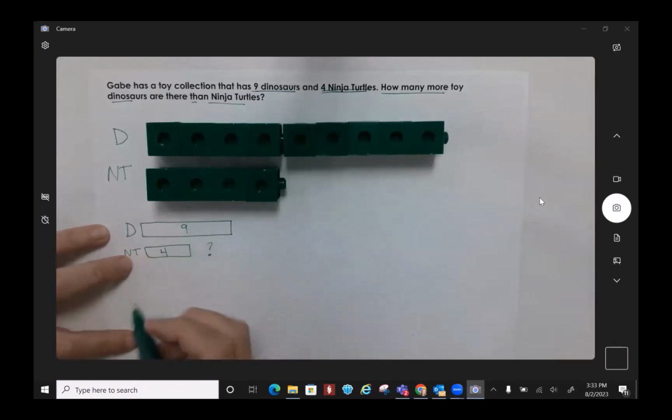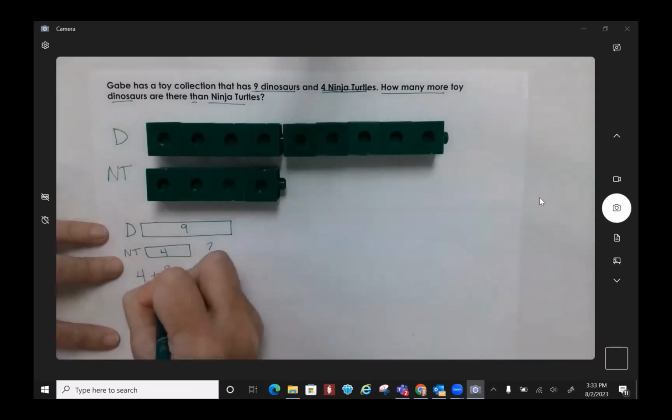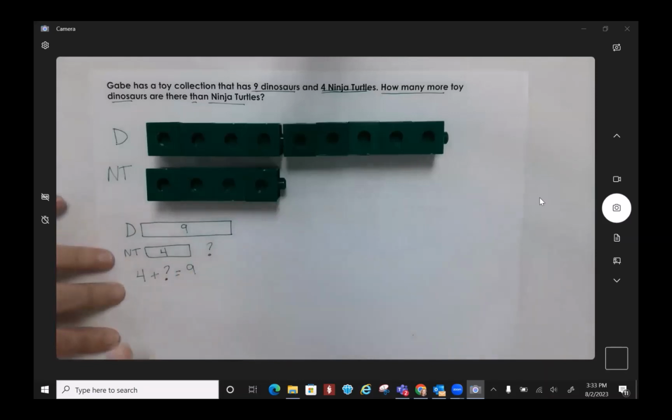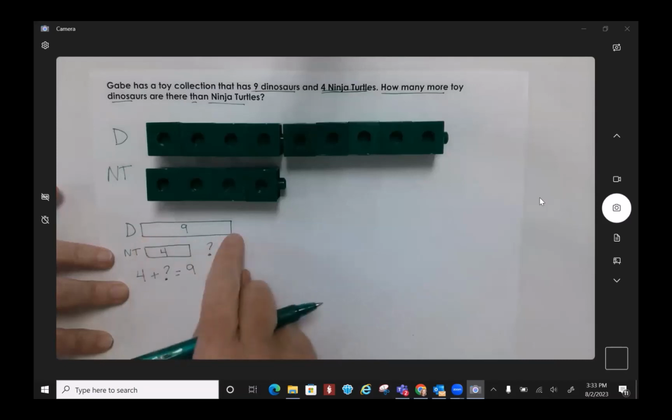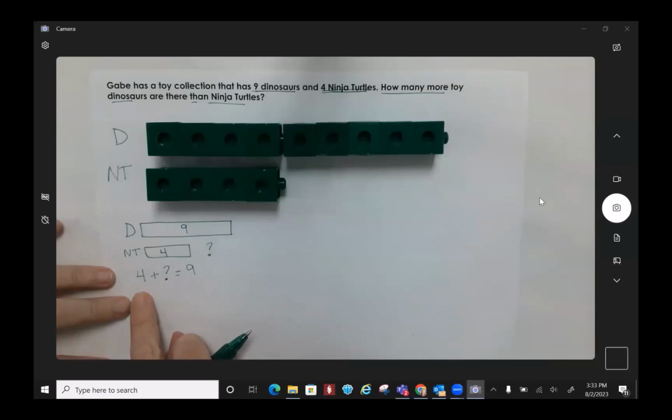I could think about that as 4 plus that question mark would equal 9. How many would fill in this space to make those two bars equal? Well, when I see this equation, one way I can think about that is to count on a number line.